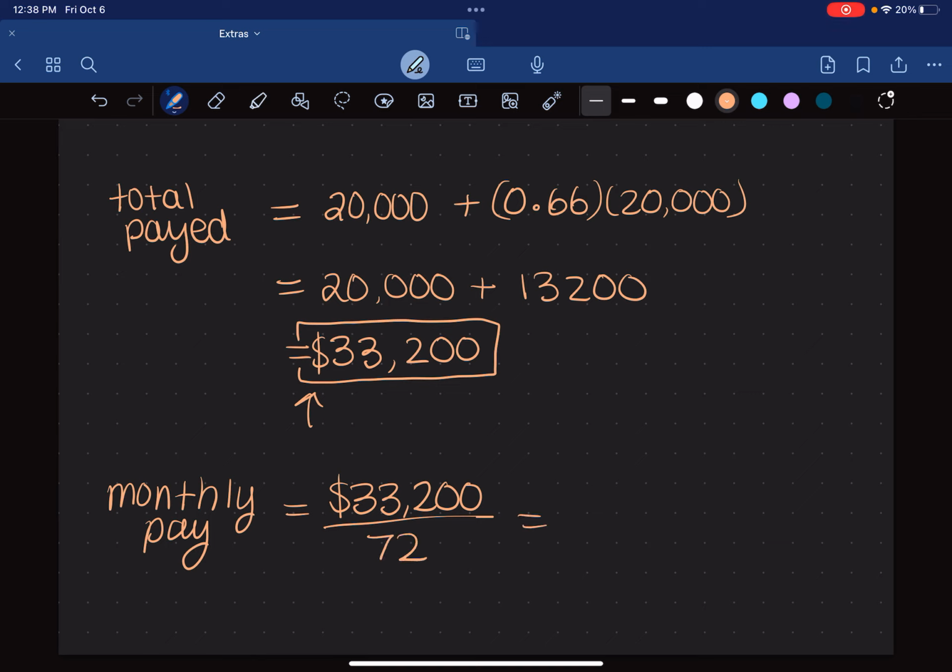So if we take $33,200 and divide by 72, we end up getting that our monthly payments are going to be about $461.11. So that's what we would be paying for the car per month.